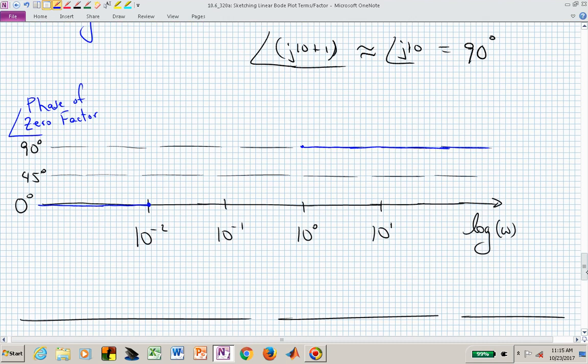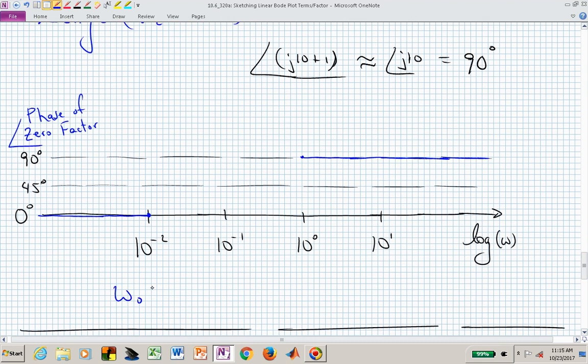And at the just right frequency, which is omega naught in this case, which is 0.1 or 10 to the minus 1 radians per second, then we're looking at the angle of j1 plus 1, and I hope that you can see that that's now going to be 45 degrees. So it's now 45 degrees, and we need to just connect those dots, and there is our straight line sketch of the phase due to this zero factor.